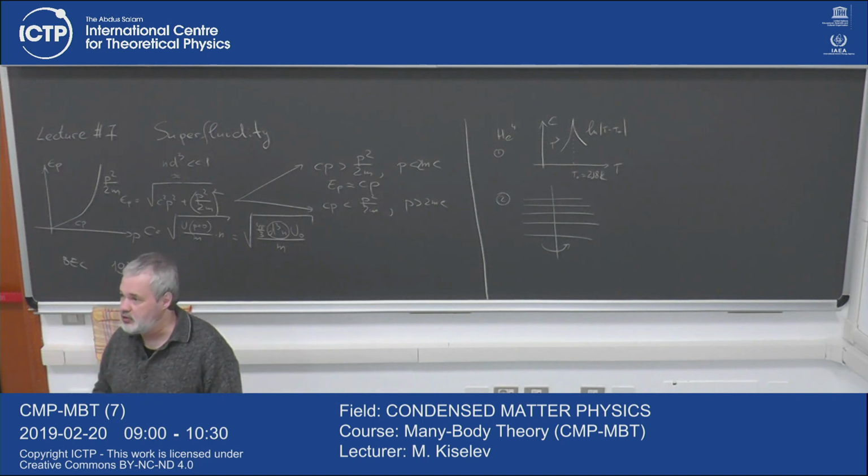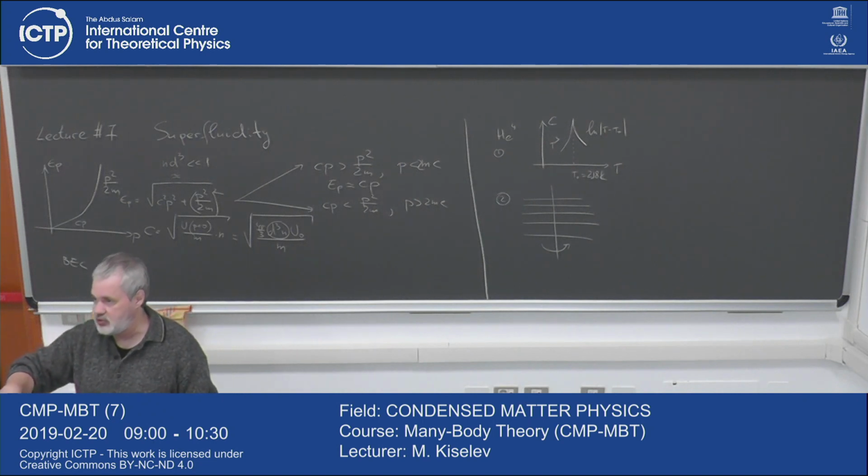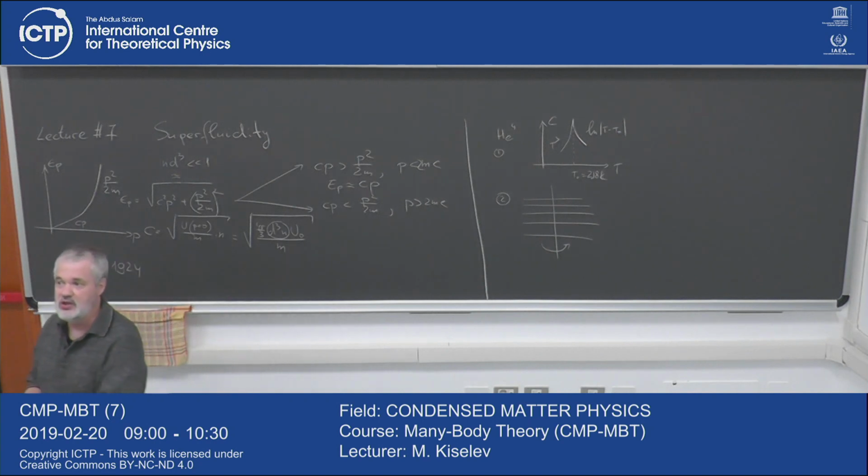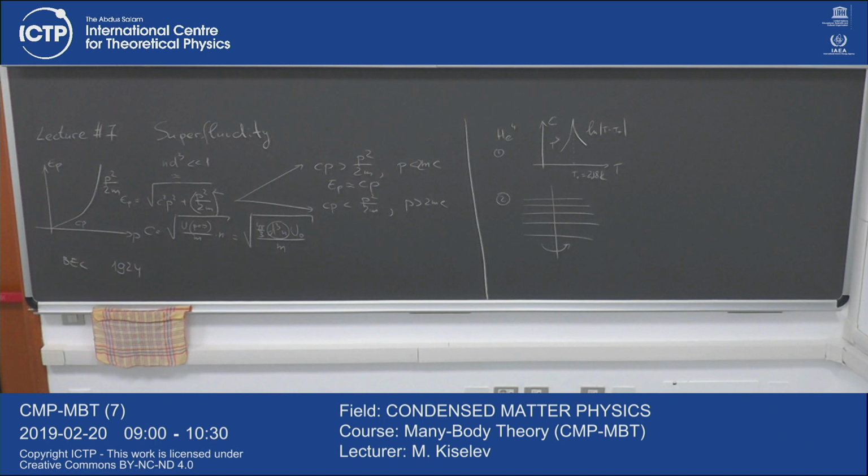He saw a strong deviation of the moment of inertia because the liquid has a viscosity. You rotate the disks, some liquid is dragged by the disks, and this is a way to measure the moment of inertia. What he saw is that the moment of inertia is much smaller compared to what would be seen if we considered just an ordinary liquid.